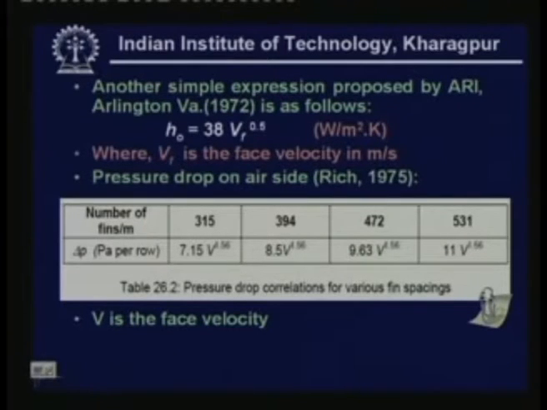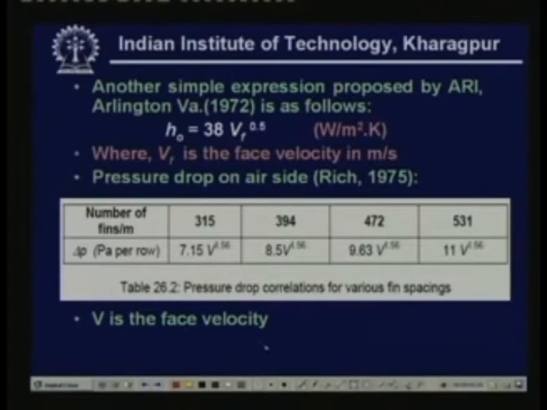Then, for pressure drop on the air side for fin surfaces, Rich has proposed the following correlation. It correlates the pressure drop in pascals per row in terms of the number of fins per meter and the face velocity V. This is an empirical correlation: delta P in pascals per row is equal to 7.15 V to the power of 1.56 if the number of fins is 315 per meter.